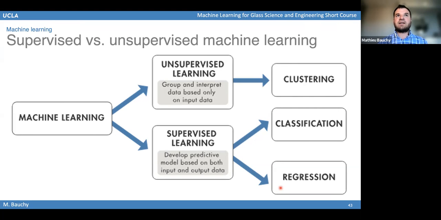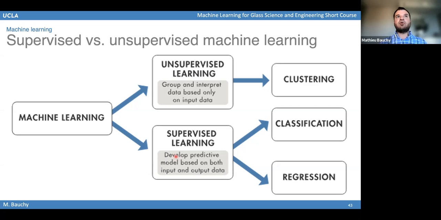Those were categorical variables. If what you're trying to predict is a number, for example, the density of a glass, or the modulus of a glass, or the glass transition temperature or the liquidus temperature of a given system, now you're trying to predict a number. And if you're predicting a number, that becomes a regression problem. So that's the last type of supervised learning.